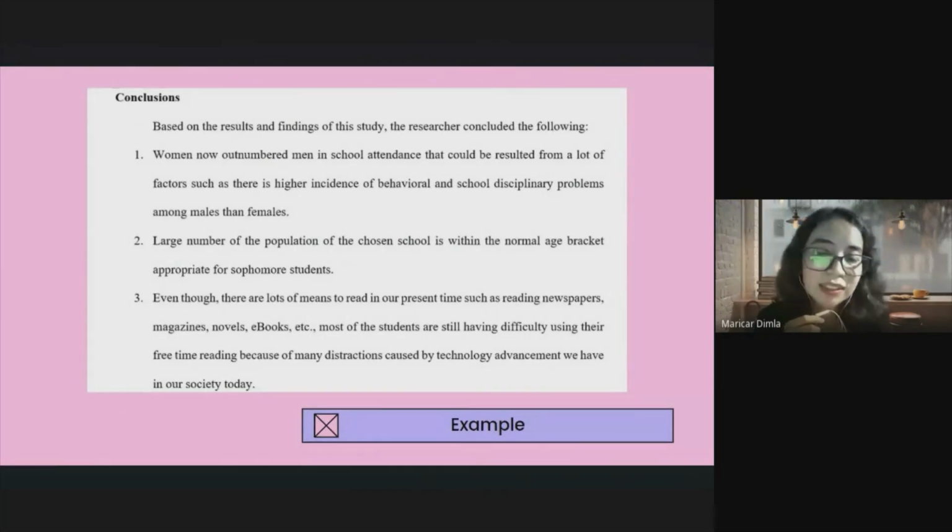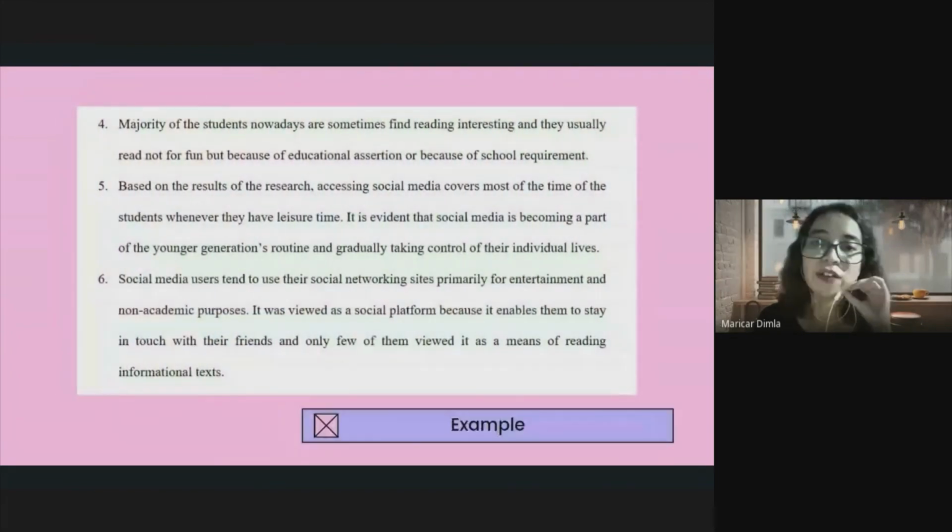Okay ba? Iko-conclude ka na dito kung bakit ganun yung naging result of the findings. Okay? Wala na kayong makikitang mga highfalutin words, technical words, class.